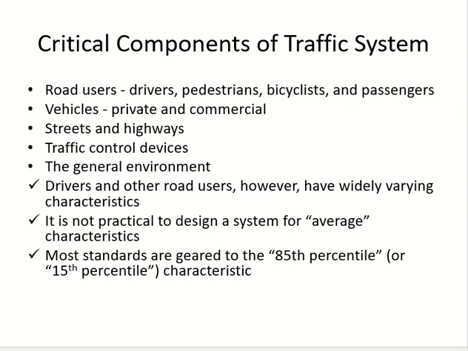So they are different in terms of education, experience, abilities, okay? Some of them are faster, some of them are slower, some have disabilities, some are perfectly fine, and so on and so forth. So they have a very wide range of characteristics. So we need to consider this in our design as well.